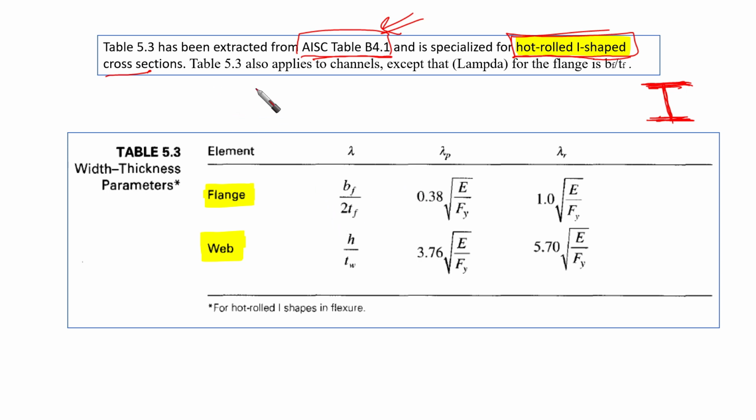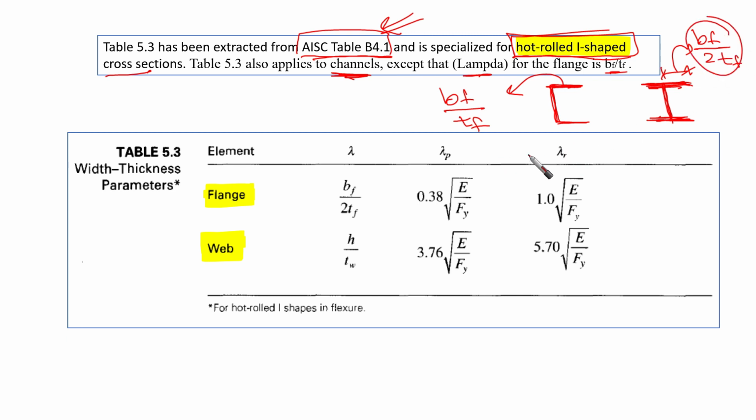Table B4.1 also applies to channels, except that lambda for the flange is b flange over t flange. So it also applies to channels. However, for our case, for the I-section, this is going to be b flange over 2 t flange.